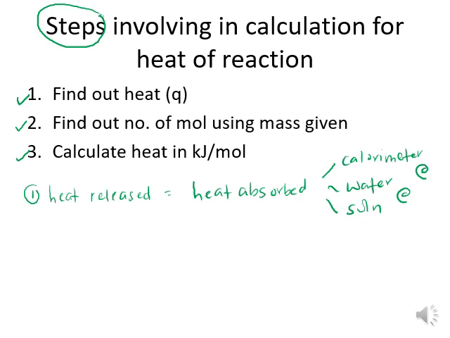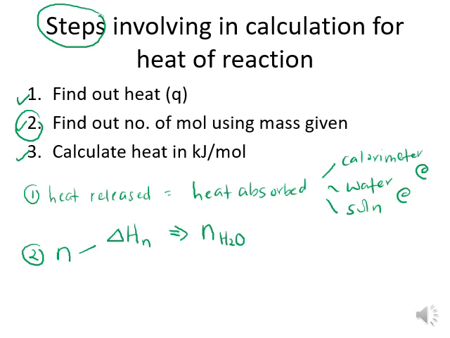So step 2, we are going to look for the number of mole. It depends on what enthalpy you are calculating. If you are calculating the enthalpy of neutralization, we are looking for the number of mole of water, because based on the definition, it is when 1 mole of water is formed from the neutralization reaction.